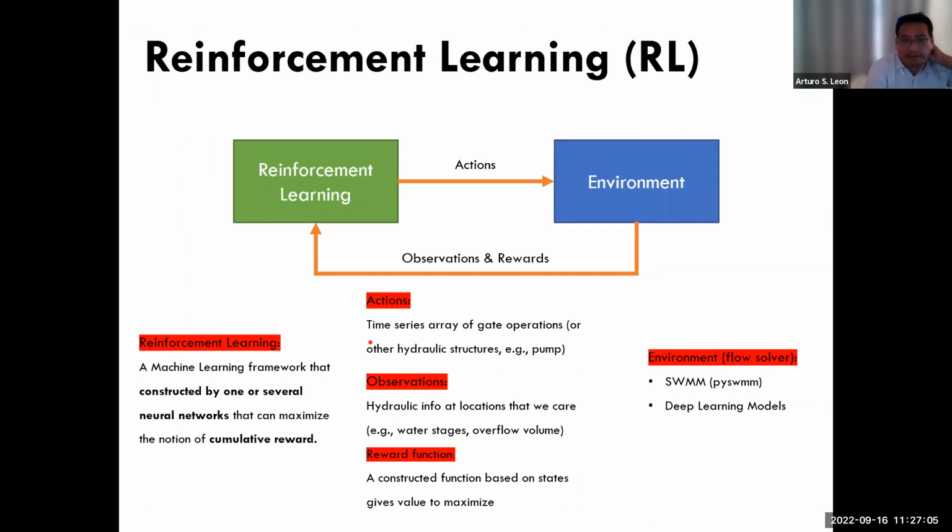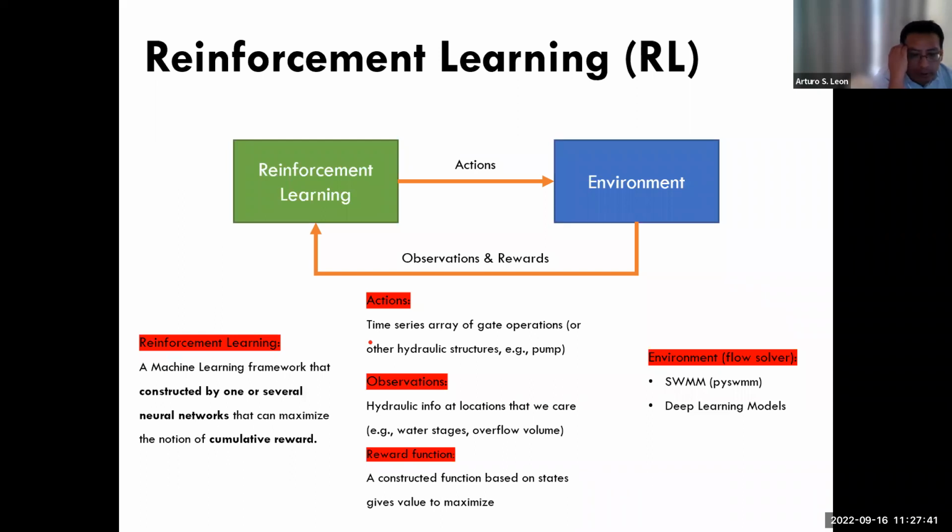In reinforcement learning, we construct one or several neural networks to maximize some kind of reward or objective. We again used the SWMM model as the simulation to develop this model. The reward function to maximize is, I mean, maximization is the negative of minimization, right?